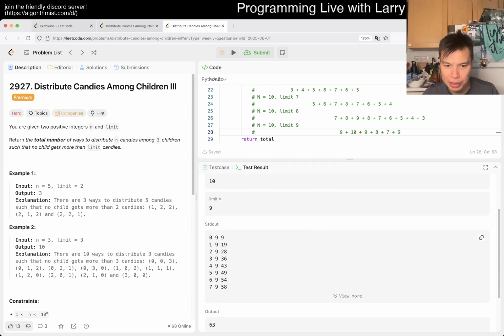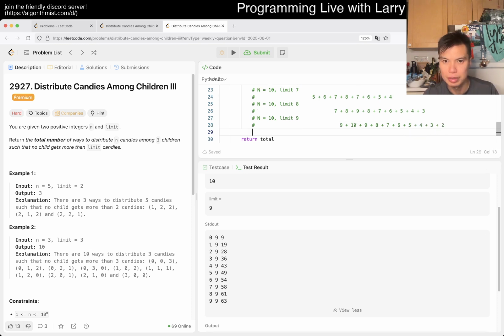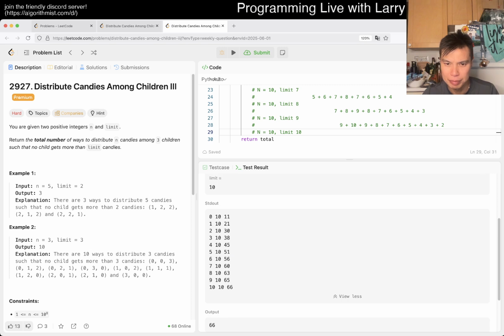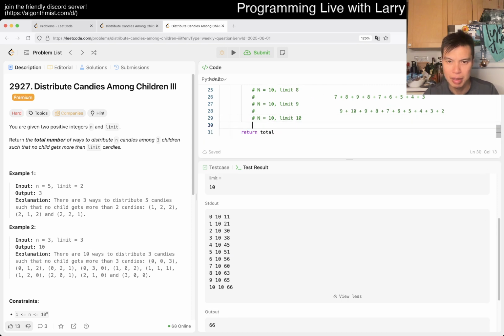And it goes all the way to plus 2. Right? And N is 10, limit 10. I think this one we know the answer, right? It's just 11 all the way down to plus 1. That one I'm lazy to write out.